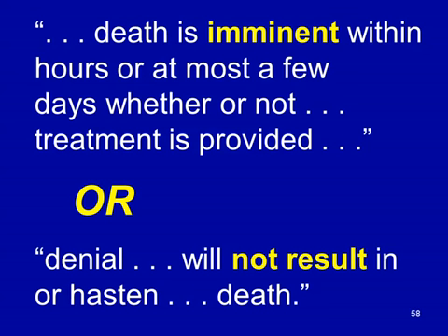The exception only applies if death is imminent within hours or at most a few days, whether or not treatment is provided, or if the denial will not result in or hasten death. So it's basically limited to a pure physiological futility situation, which almost never happens, or an imminent demise futility situation. And Idaho's not alone.